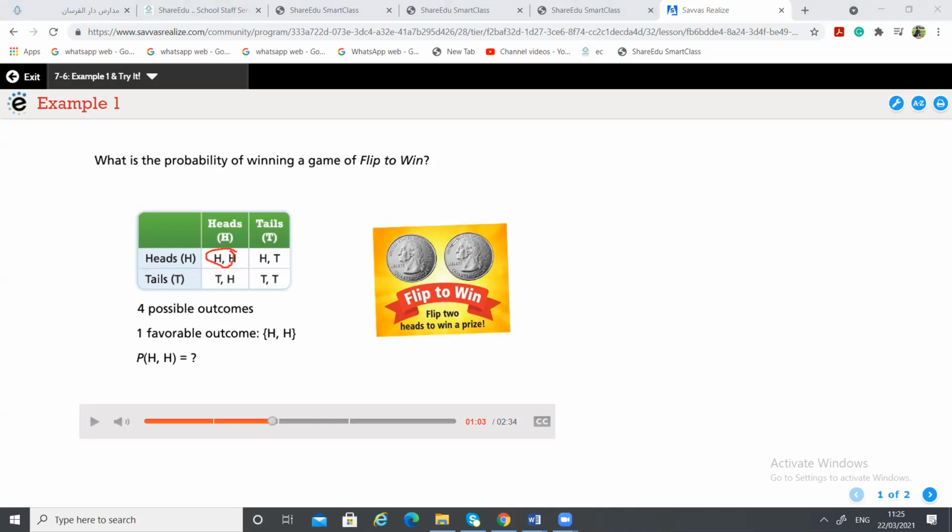They want head and head. So 1 chance of getting head and head out of total, how many were there, girls? There were 4 possible outcomes in which there is 1 chance you get head and head. So your answer is 1 out of 4.